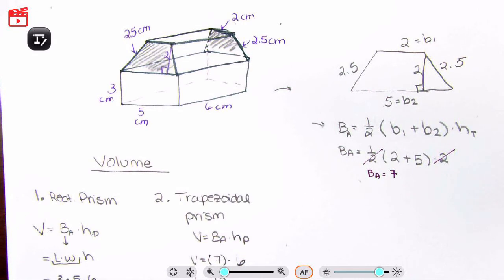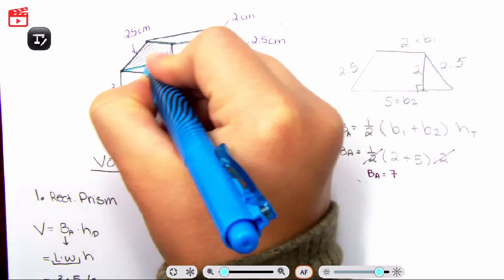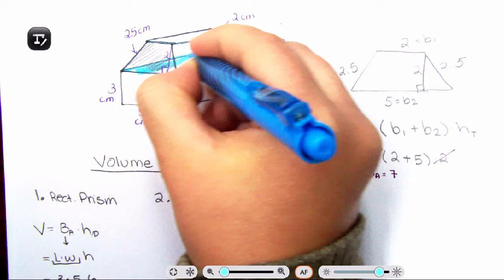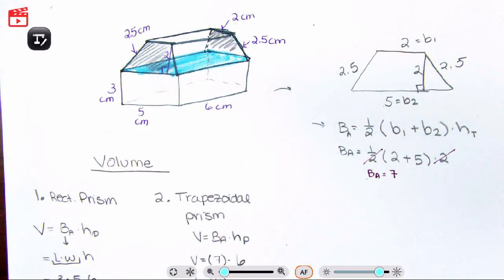So what is inside is this rectangle right here. I have this rectangle in my trapezoidal prism. And I have this rectangle in my, trying to find a different color here. There it is.